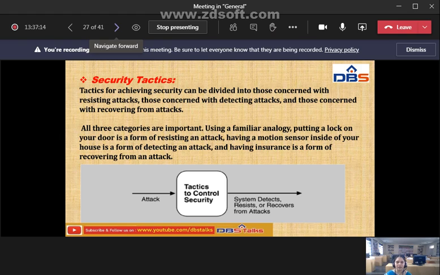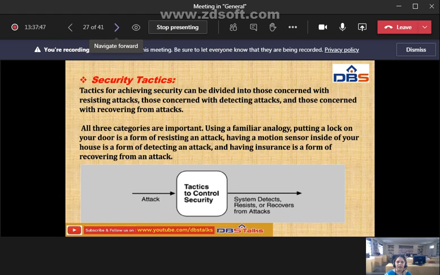If unauthorized persons enter our home, it gives us some signal. The motion sensors we have inside our house are a form of detecting attacks. They detect who is coming and going, and who entered without permission. That is another one.